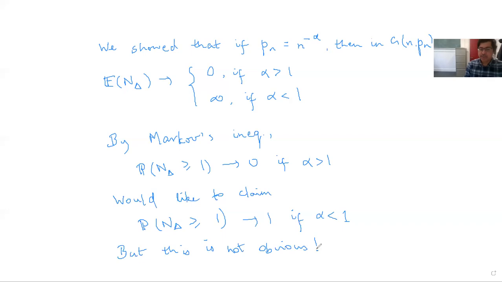Nevertheless, it is true for triangles, and now we are going to prove that. And how do we prove it? We are going to use Chebyshev's inequality, and for that we need to calculate the variance of the number of triangles. So far, we've calculated the mean, which was an extremely easy calculation. Now we are going to try and calculate the variance, which is a bit more complicated.